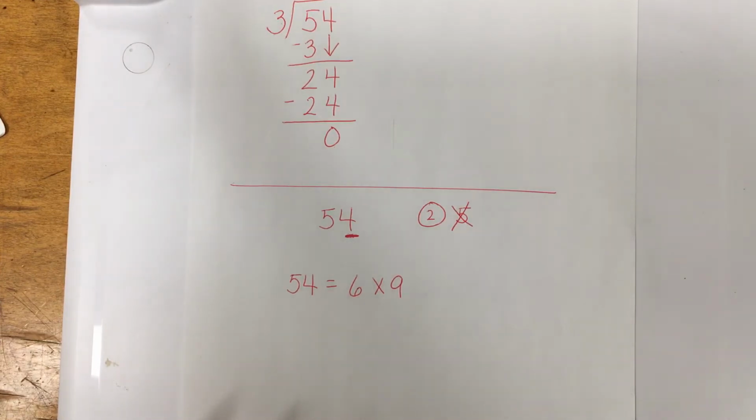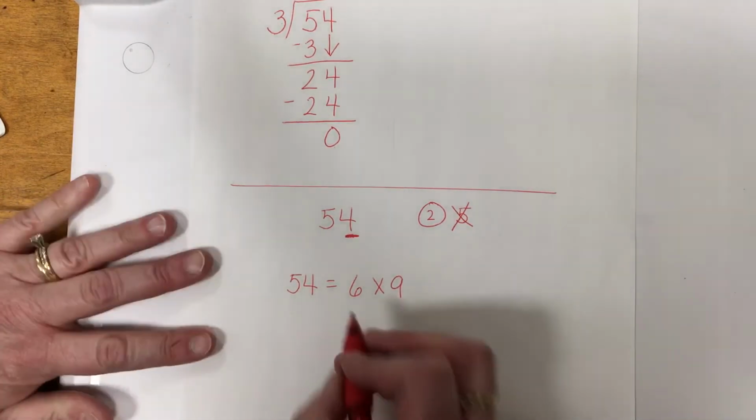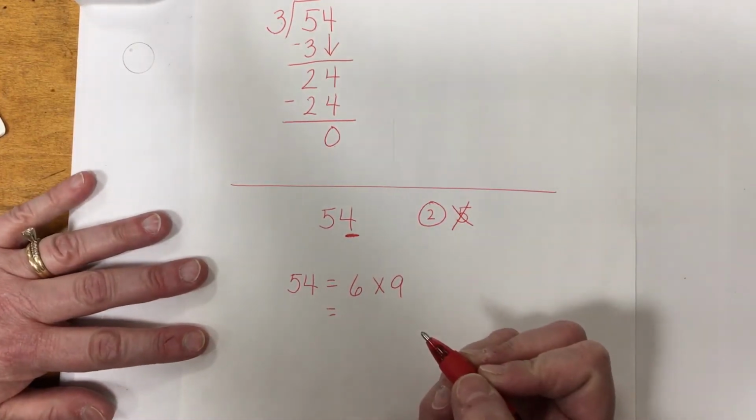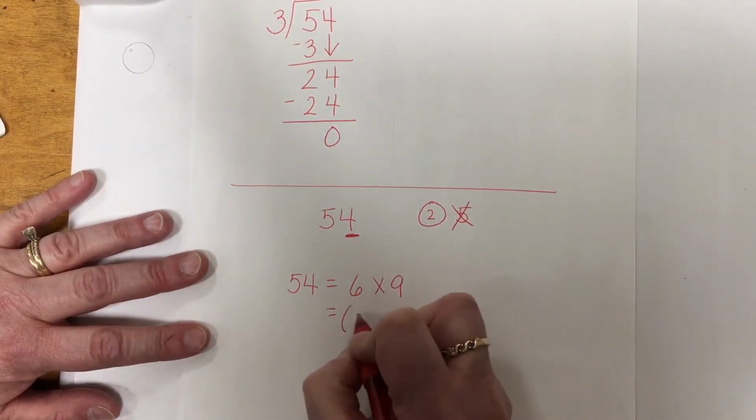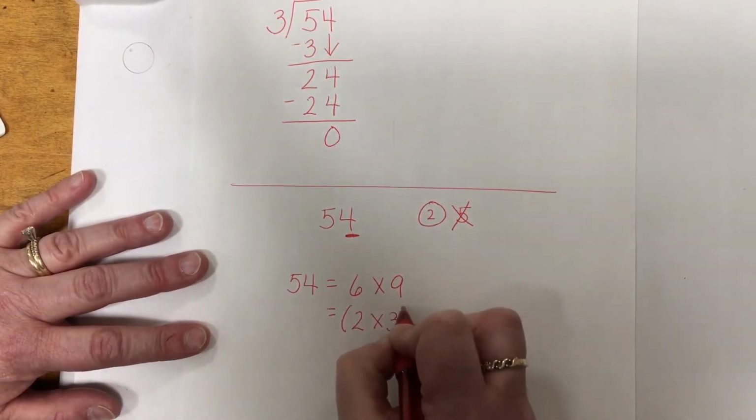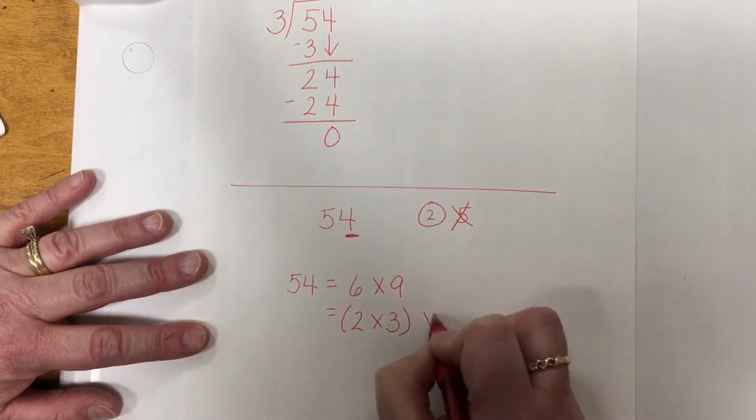Now, earlier, we saw that 2 is a factor of 54 and 3 was a factor of 54. So, using the associative property, I can say that 6 is the same as 2 times 3, times 9.